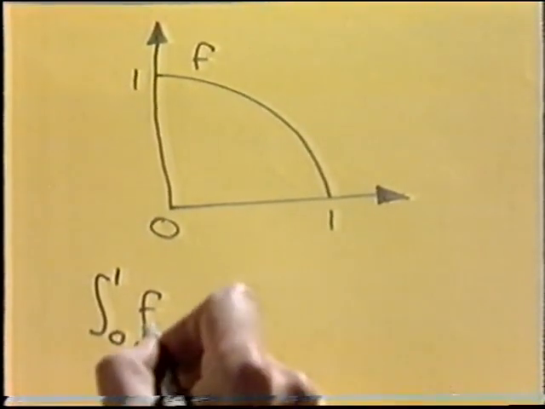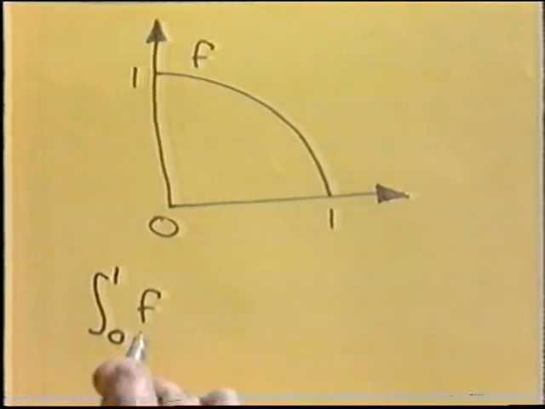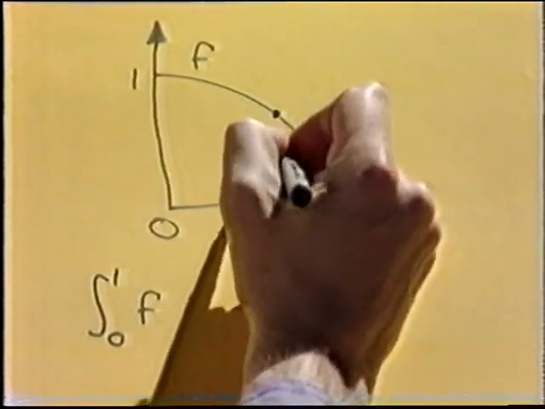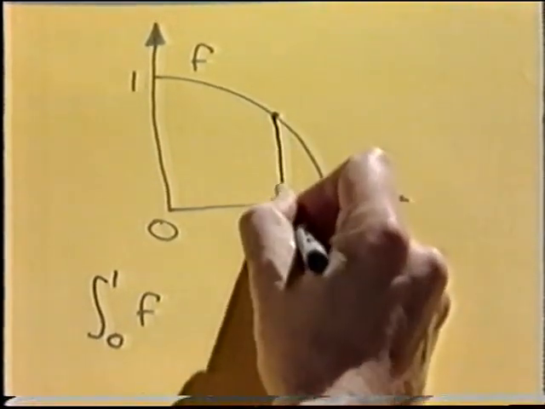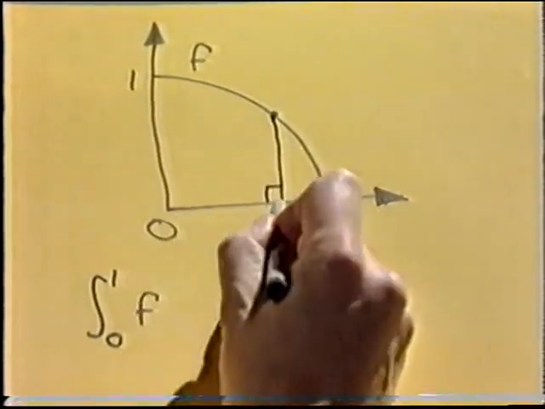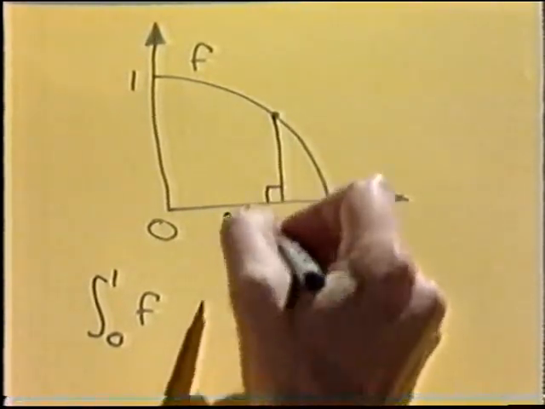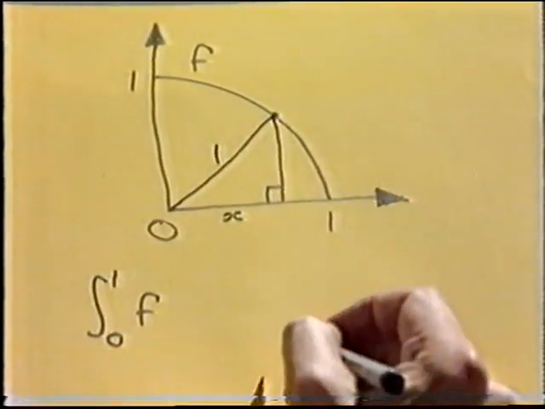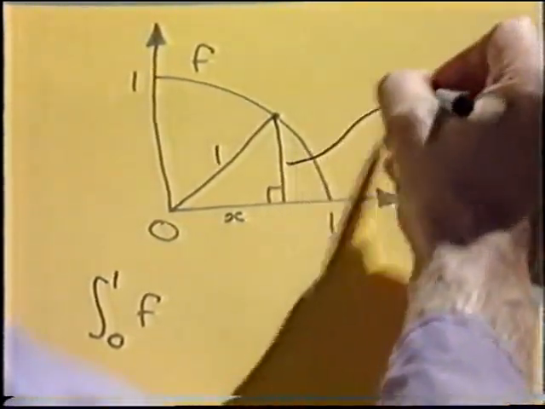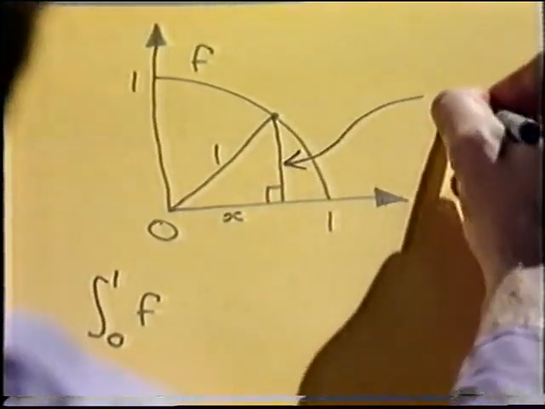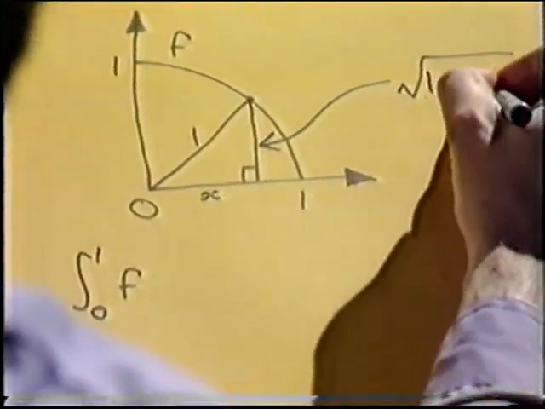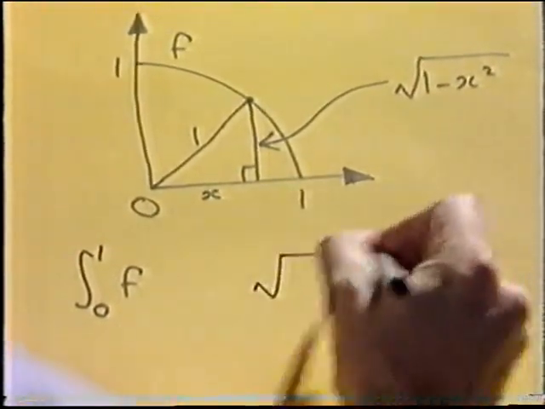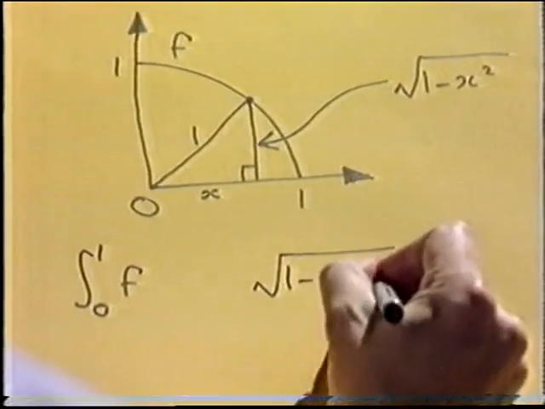So the next thing to do is find the rule for f. Let's take a typical point on the circle and draw in a perpendicular. This distance is x, and this is 1, the radius of the circle. So by Pythagoras, this distance must be the square root of 1 minus x squared, which means that f of x is root 1 minus x squared.